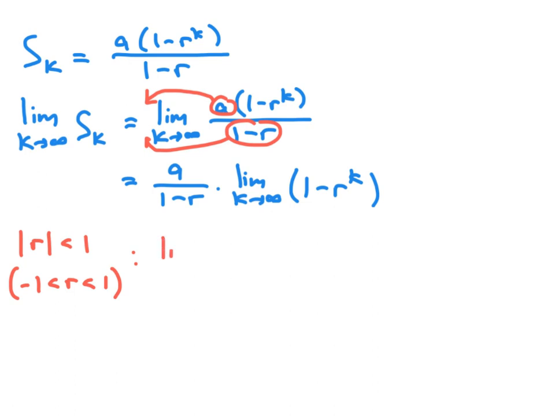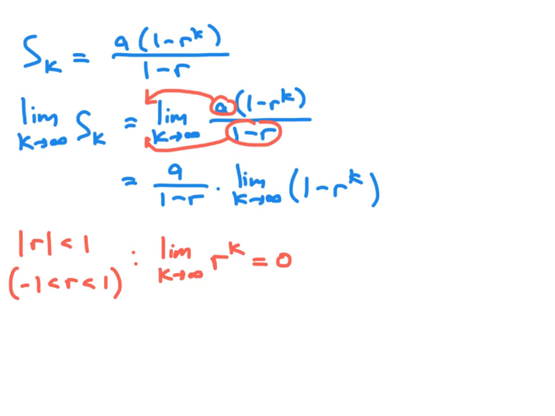If that's the case, then the limit as k goes to infinity of r to the k is going to equal 0. And we can think through this logically by imagining r to be some number between positive and negative 1, and thinking about what happens when we take larger and larger powers of that number. As we take larger and larger powers, the total expression will get closer and closer to 0. And so this means that the limit as k goes to infinity of r to the k will equal 0.